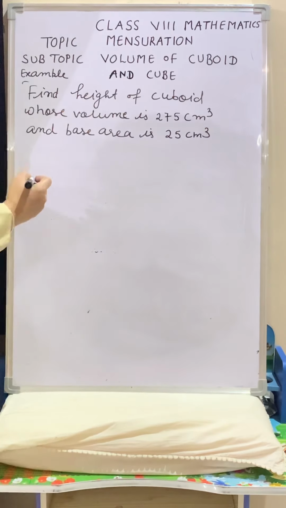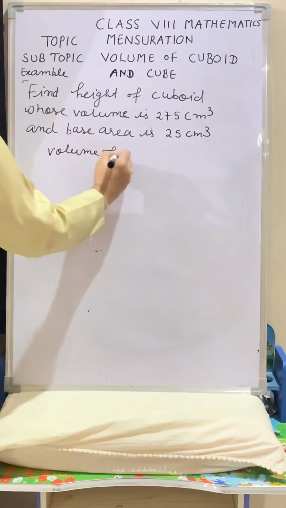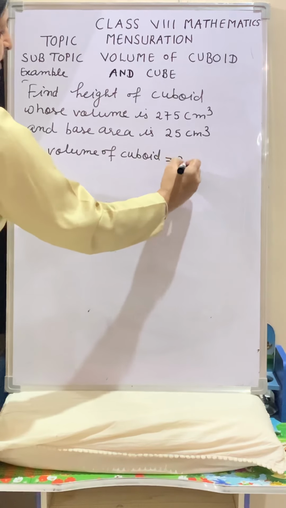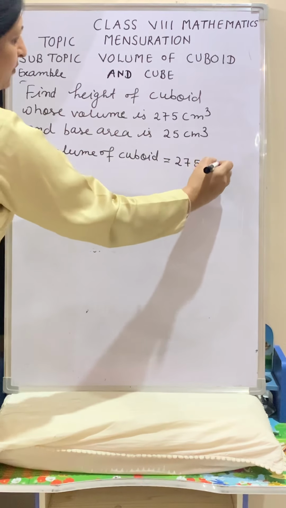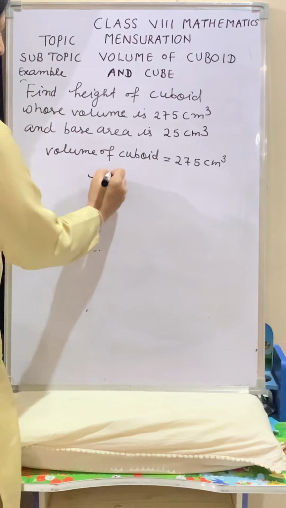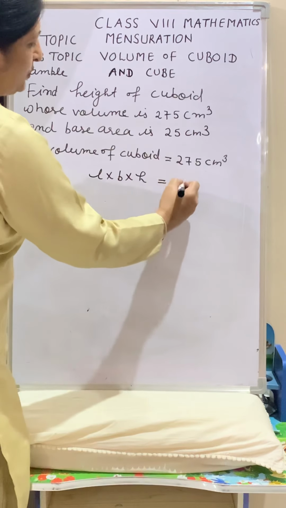What is given? Volume of cuboid is 275 centimeter cube. What is the formula for volume of cuboid? L multiplied by B multiplied by H is equal to 275.